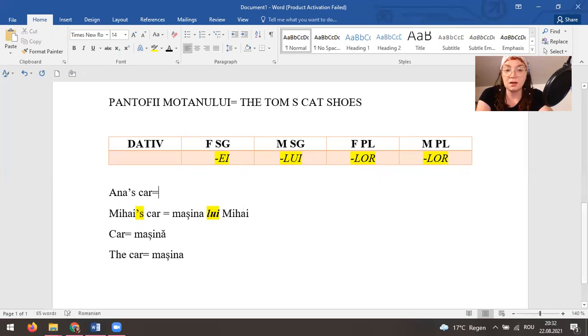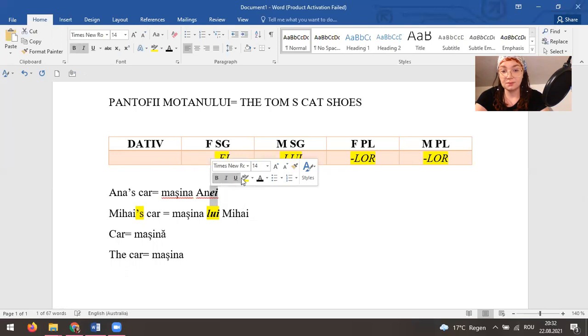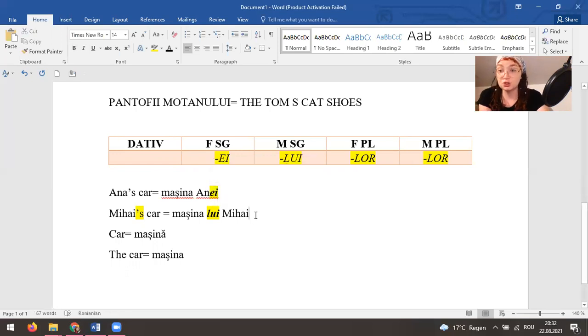Now, what will we do with Ana? Mașina Anei. So Ana will end in dative with ei. Of course, as native speakers, saying this, mașina Anei, mașina Dianei, mașina Andreei, sounds so beautiful.